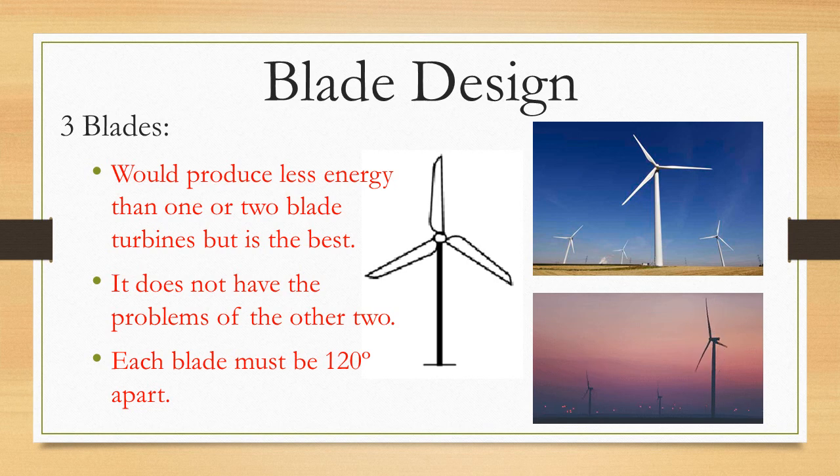Now with these, the one thing is each blade must be 120 degrees apart. You can guess, if we have each at 120 degrees, it forms a full circle. They're equal distance apart. We know 360 degrees forms a circle, divide that by 3, we get 120 degrees.